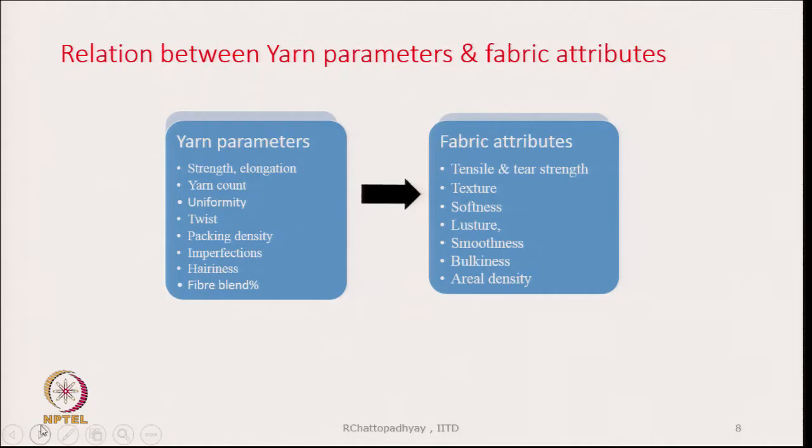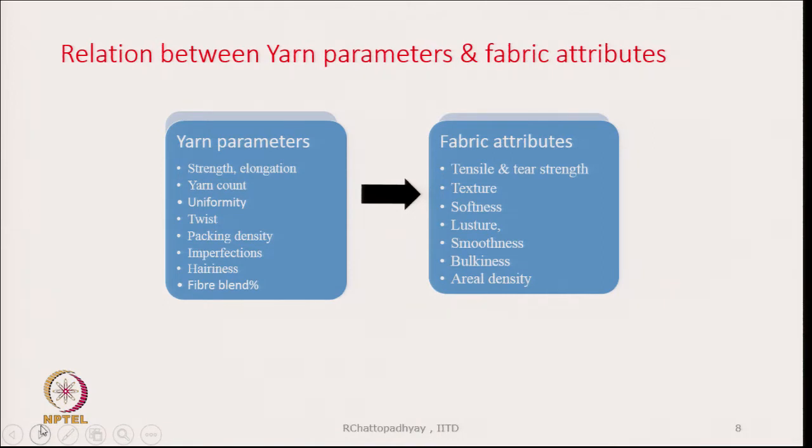The yarn parameters or characteristics, like strength, elongation, yarn count, uniformity, twist, packing density, imperfections, hairiness, fiber blend percentage. There are different types of yarn parameters or properties.